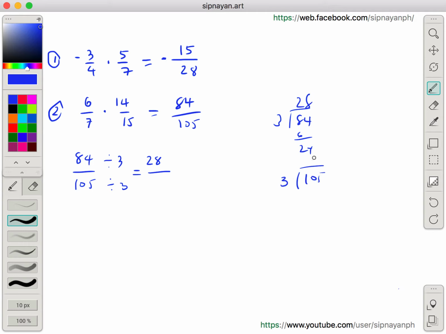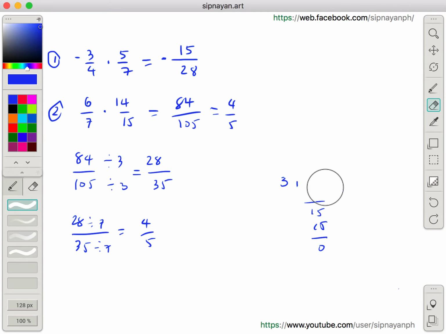Magiging 35. 28 over 35. Pwede pa ba? Mukhang obvious, 7, di ba? So, 28 divided by 7 over 35 divided by 7, we have 4 over 5. So, ibig sabihin 4 over 5 ito. That's the long way.